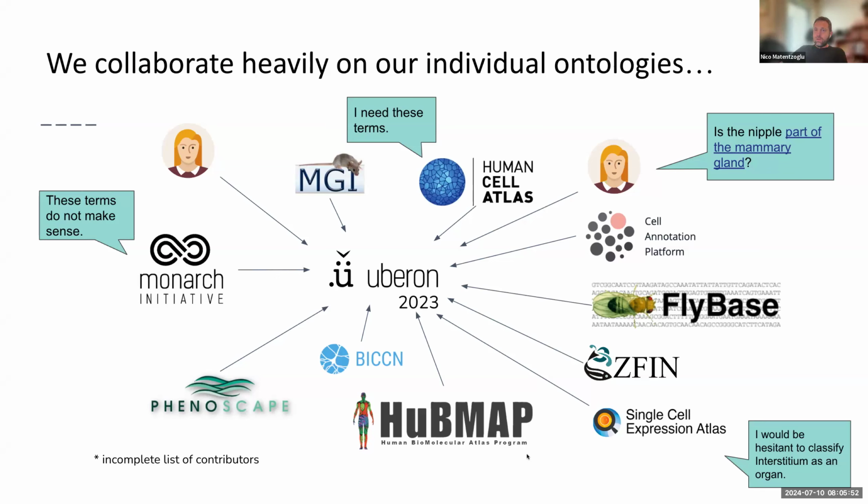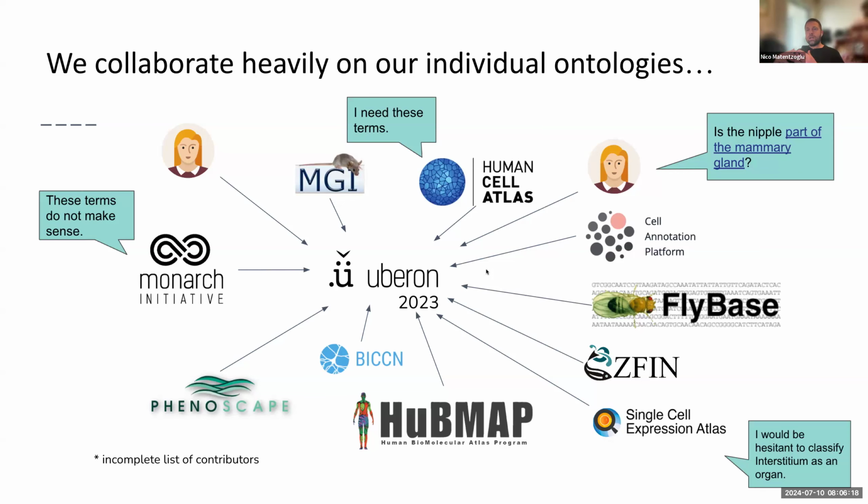And of course, eventually you will have discussions, you will have conflicts, like a group that needs some specific set of terms and another group that says, well, these terms are out of scope for this ontology, we don't want to add them. And of course, all the usual communications that are needed for deciding things about the ontological modeling and so on.